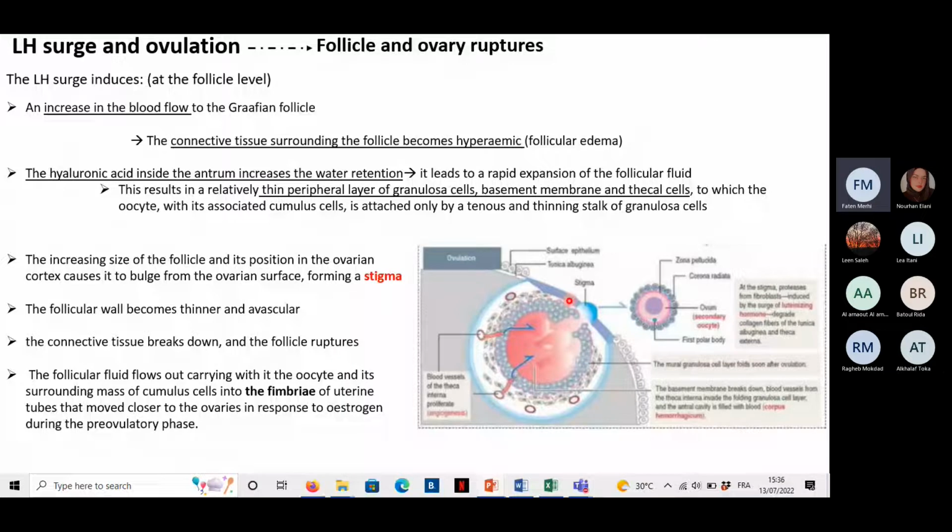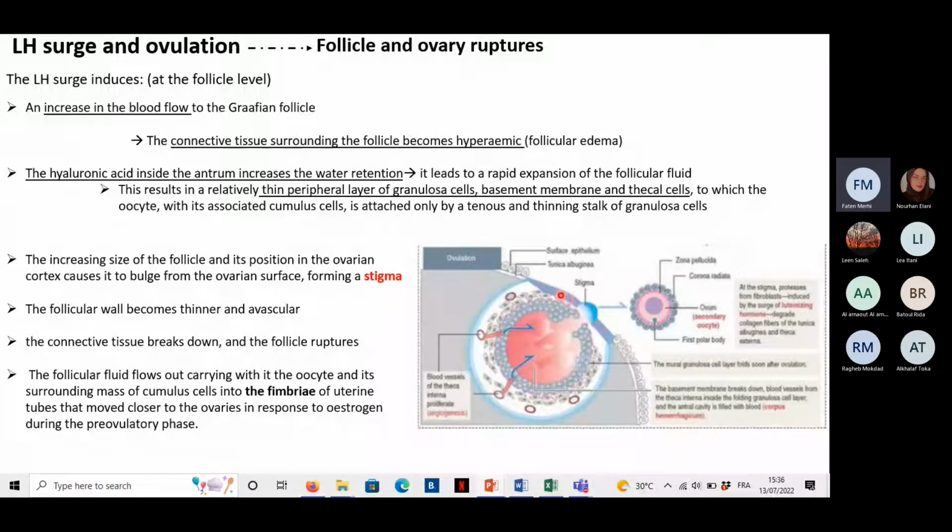We also have a rupture of the connective tissue at the level of the ovary, of the ovarian epithelium and of the tunica albuginea adjacent to this pre-ovulatory follicle. So the tunica albuginea of the ovary and the epithelium of the ovary adjacent to this pre-ovulatory follicle and to the stigma will be digested by the action of enzymes.